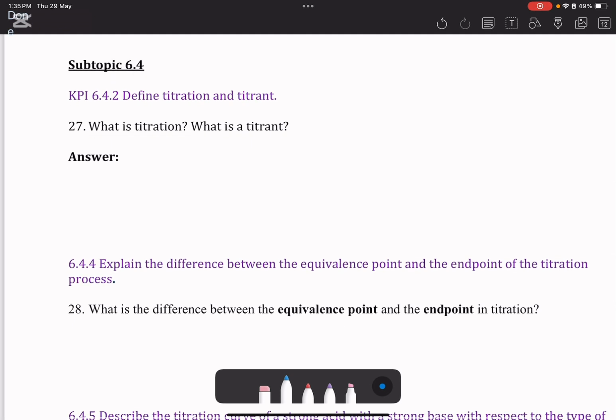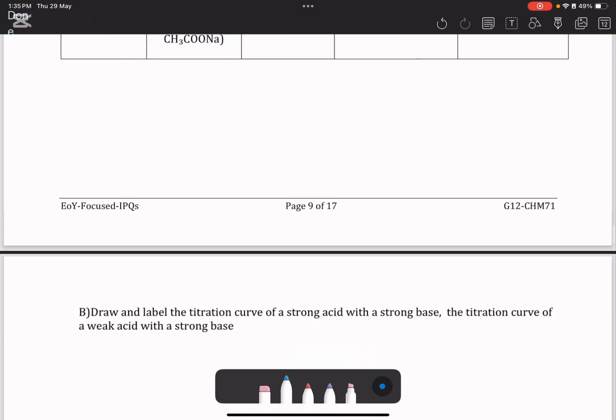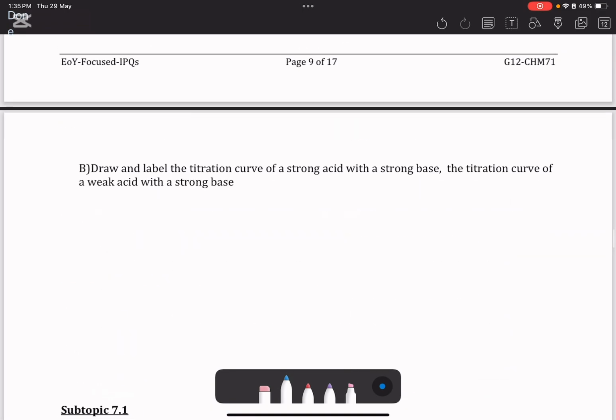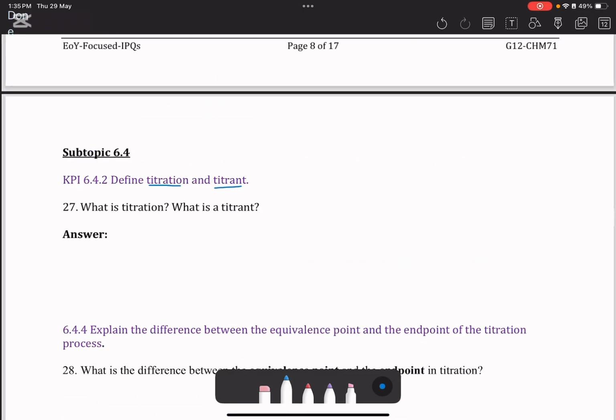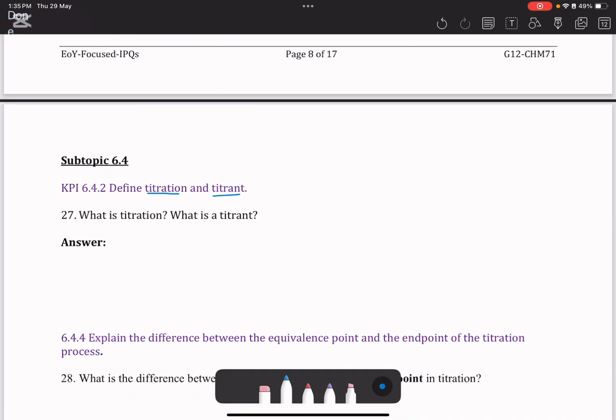Now, moving on to topic 6.4, the titration. Define titration and titrant. I'm going to draw a titration here for you. In the titration, you usually have a burette, holding it above a conical flask.